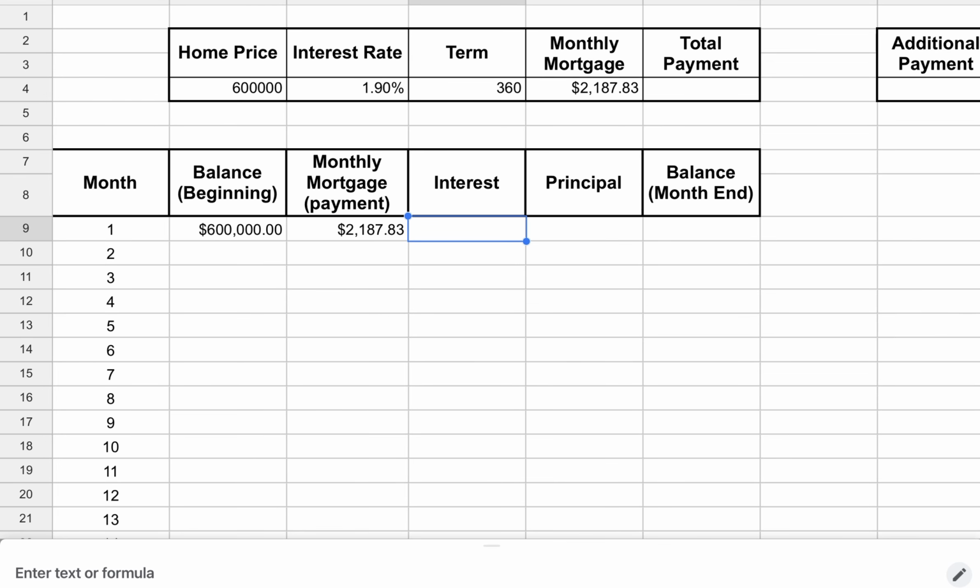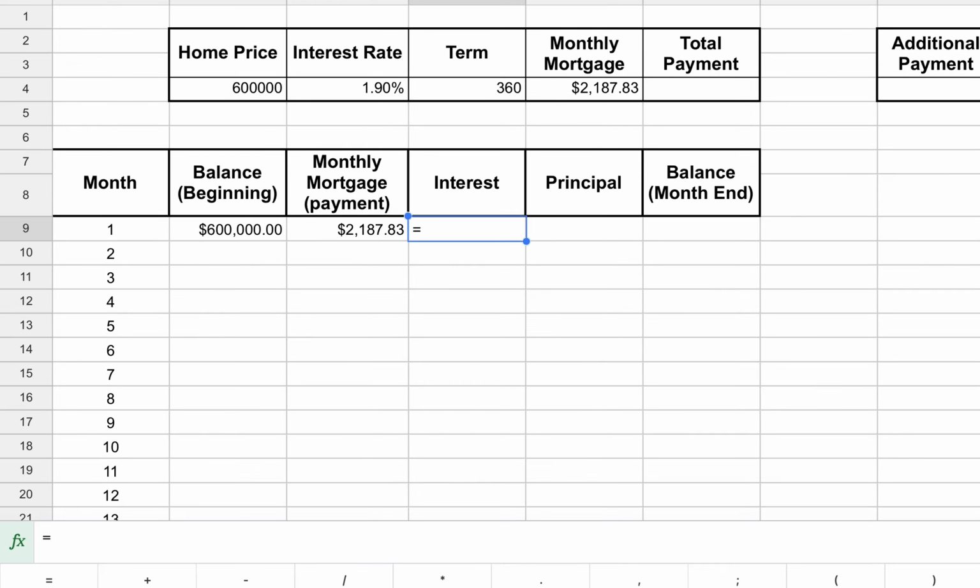My interest is going to be equal to the principal amount times the rate divided by 1,200. We did this in an early example. So we're going to calculate equal to the principal, which is 600,000, multiplied by the rate, 1.9%, divided by 1,200.